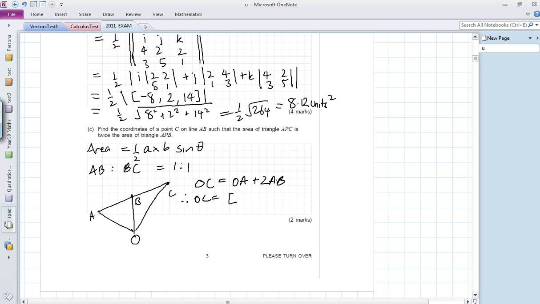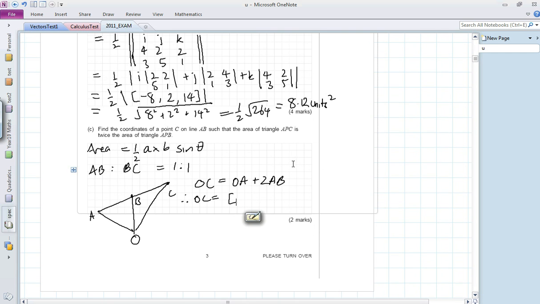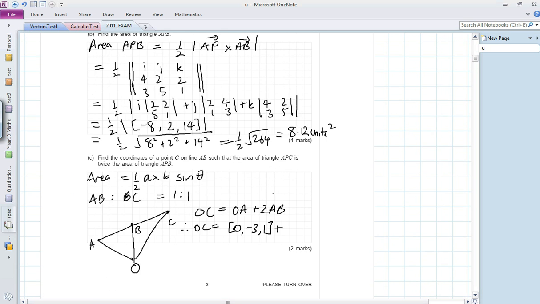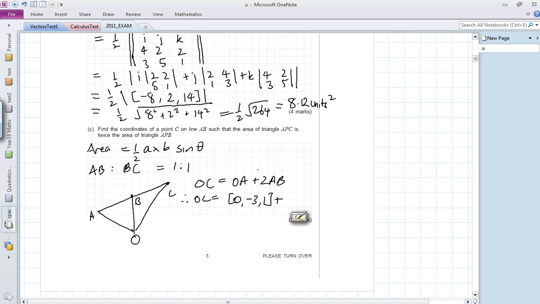So OC is 0, minus 3, 1 plus 2 lots of AB, which was 3, 5, 1.